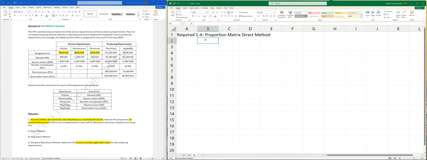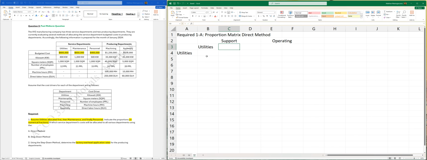Okay, so let's go put down all our supports here. Support, and let's merge and center for 3 cells. And then operating. Because it's direct method, I'm going to put utilities. Utilities, actually, let's put it on top like this. Utilities and utilities.